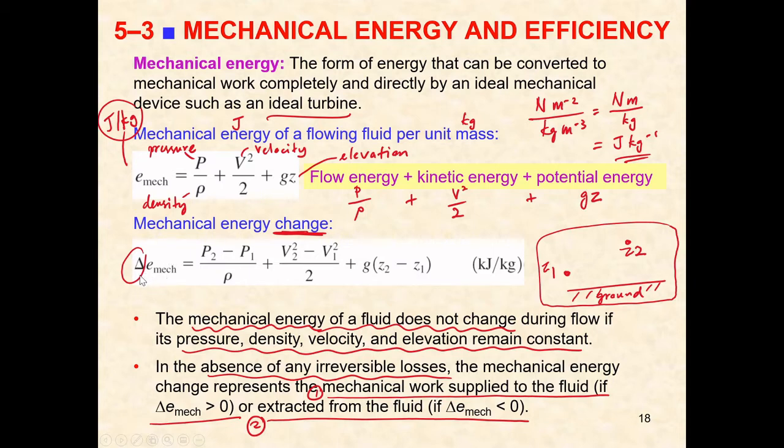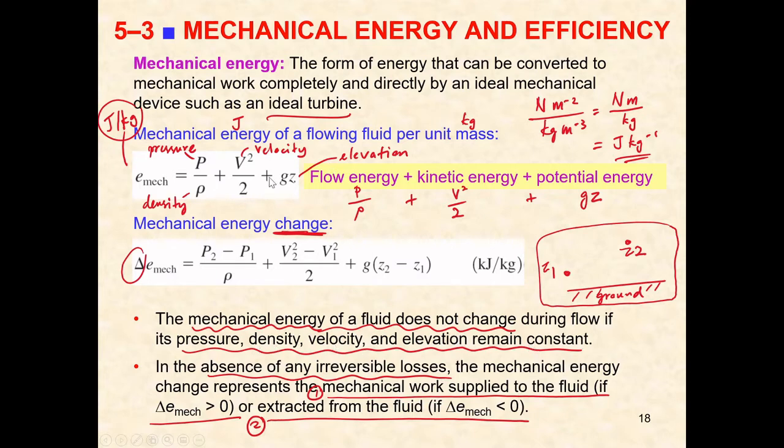So how do we know that? Okay, let's look into this. The mechanical energy of a fluid does not change during flow if the pressure, density, velocity, and elevation remain constant.